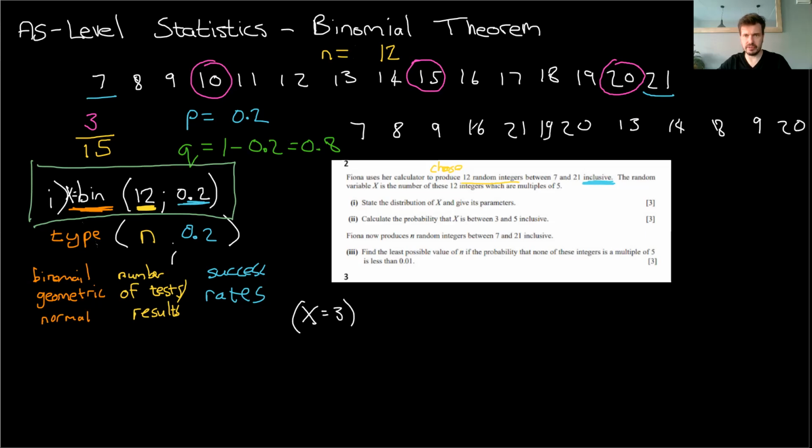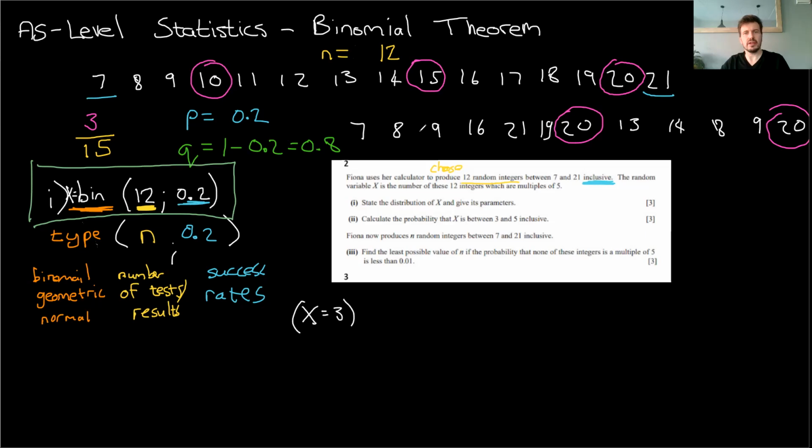So 1, 2, 3, 4, 5, 6, 7, 8, 9, 10, 11, 12. So what it just said, the computer calculator generated these 12 numbers. And so when we looked at it later, we would go, okay, well, there were 2 multiples of 5 here.